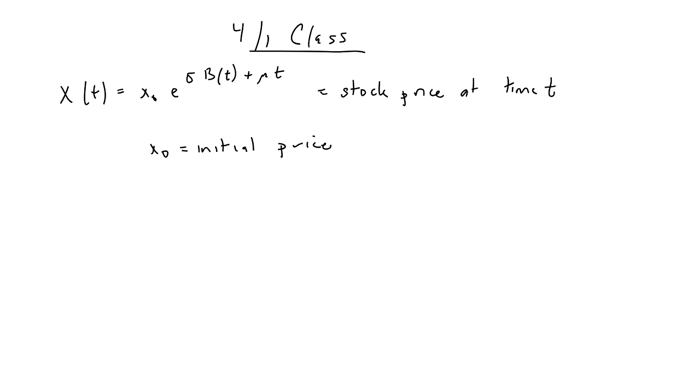Where, and I think I did this also yesterday, so I'm repeating myself, x0 is the initial price. Sigma squared is the variation parameter, or sigma is, whichever way you want, which is a measure of volatility.